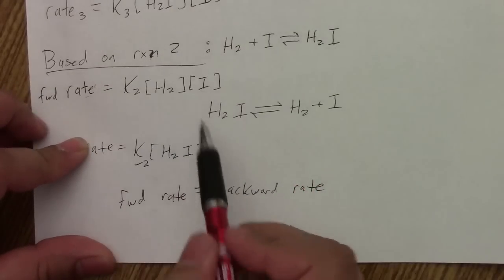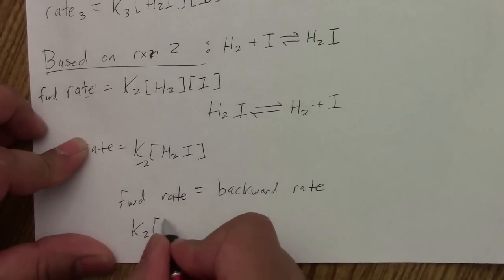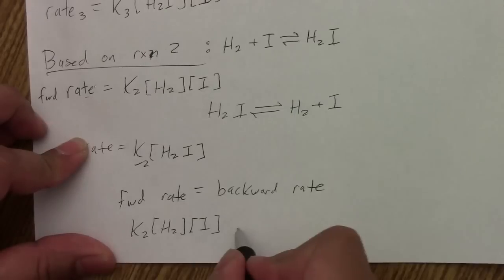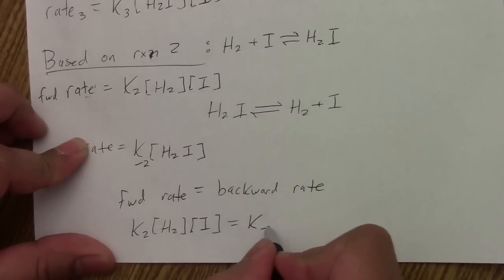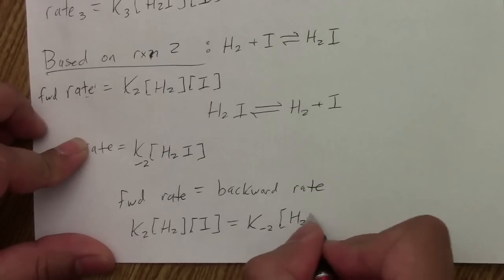And now let's sub in what we have here. For our forward rate, we found k2 times the concentration of H2 times the concentration of I, and we can set that equal to k minus 2 times the concentration of H2I.